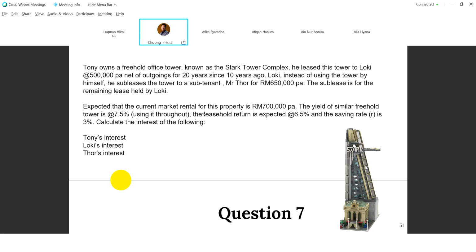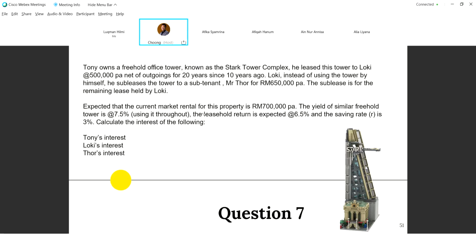Lockheed found that there's a profit to make, right? Instead of using the tower by himself, he sublet the tower to another subtenant, Mr. Tall, for 650,000 per annum. The sublease is for the remaining lease held by Lockheed.